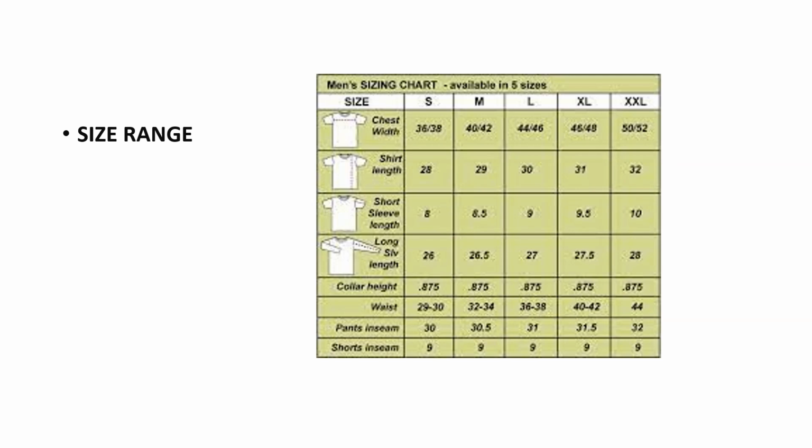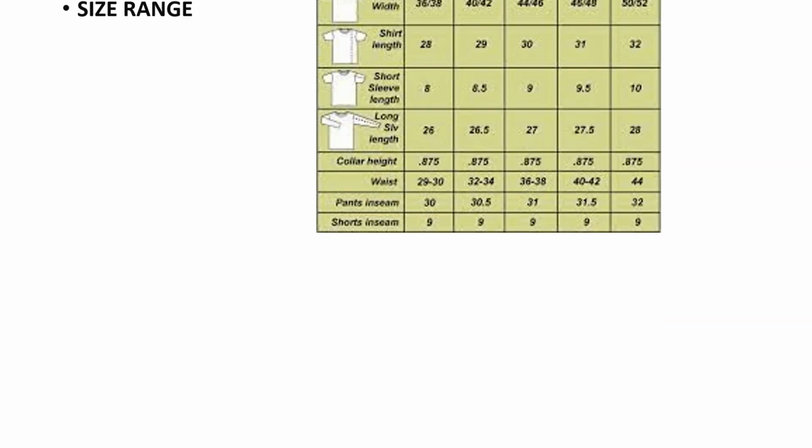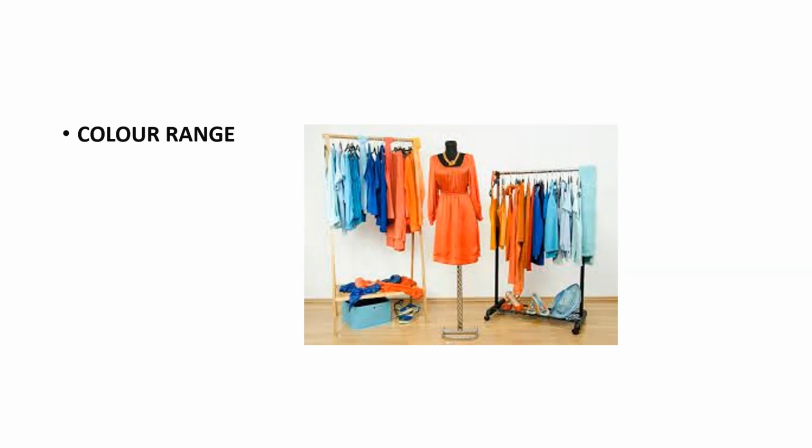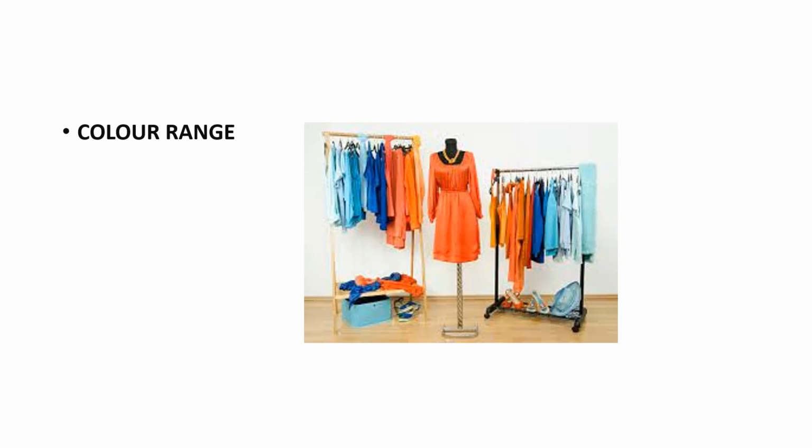Different colors in which this garment has to be produced, so that color range as per the Pantone shade card must also be incorporated in this element 4. Different color ranges are to be specified in the spec sheet in element 4, and that must match with the standard Pantone shade.